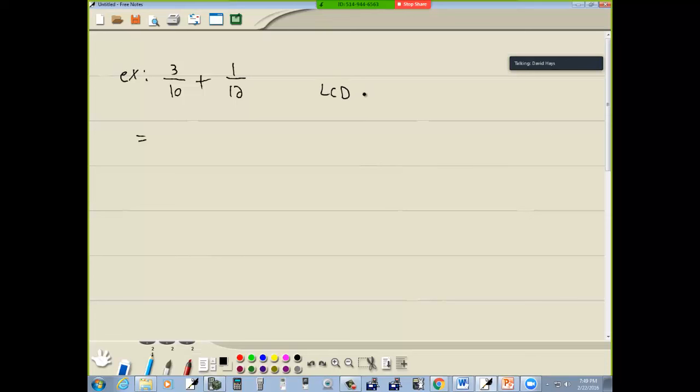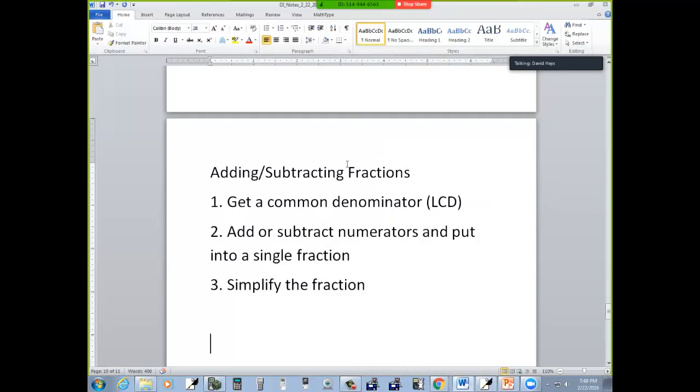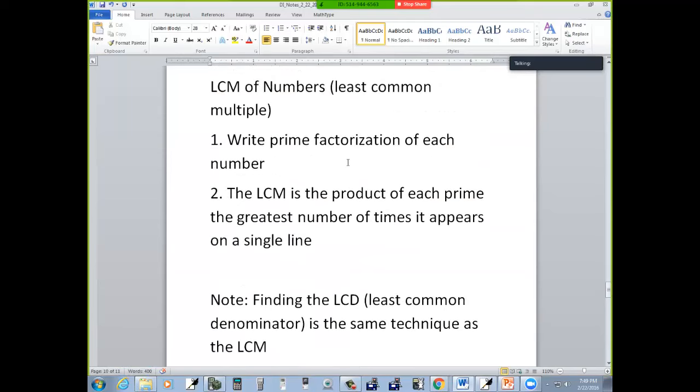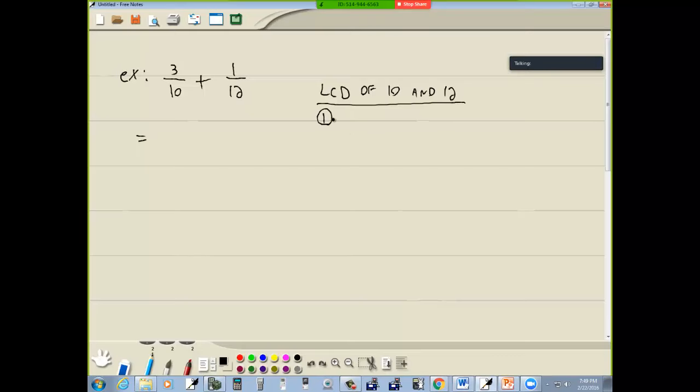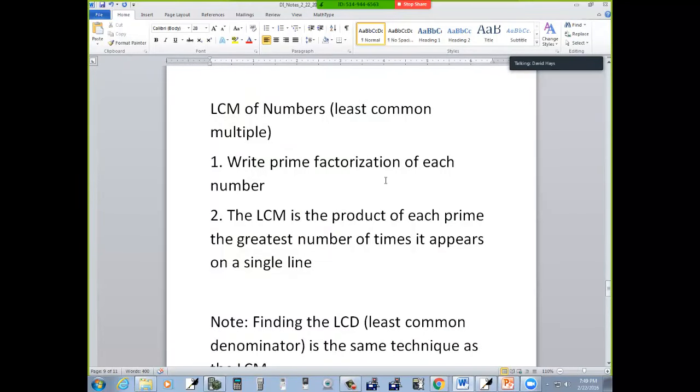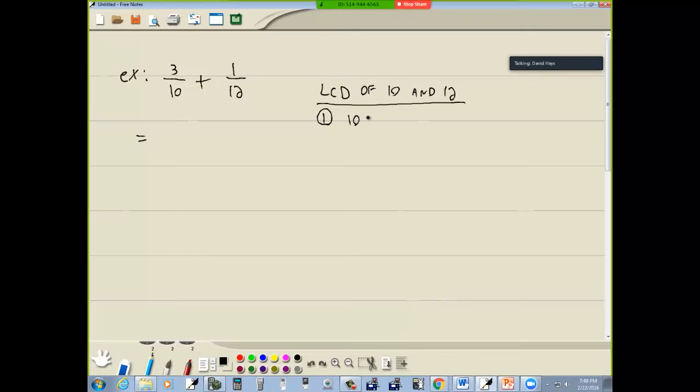So we want to find the LCD of 10 and 12. And remember I said it's the same steps as the LCM. So it's these steps right up here. So our first step is to write the prime factorization of each number. 10 is 2 times 5. 12 is 2 times 2 times 3.